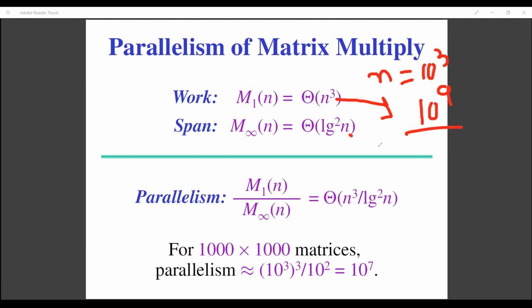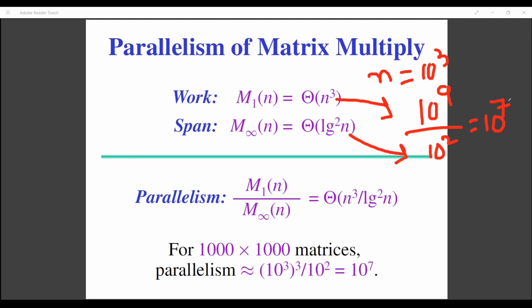From log square n, log 1000 base 2 is about 10, so log square n is 10 square. In that context, the total speed up is 10 power 7. That means with the help of that simple algorithm, we can achieve 10 power 7 speed up.